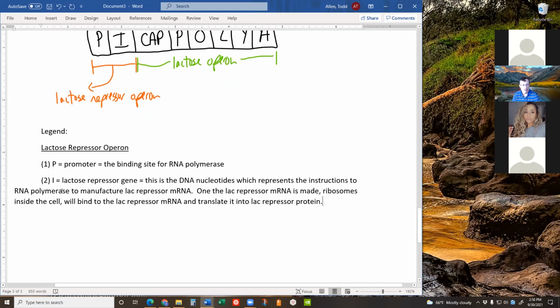Okay, so we have here the lactose repressor gene. That's the instructions to make lac repressor messenger RNA through the process of transcription. When that messenger RNA is made in the cytoplasm of the cell, the ribosomes of the cell will sit down on the lac repressor messenger RNA and it will make lac repressor protein.